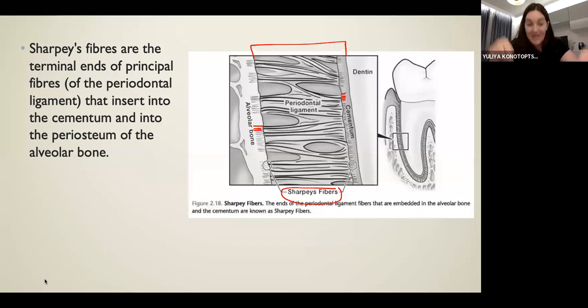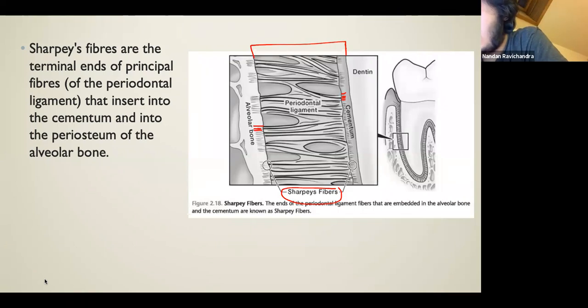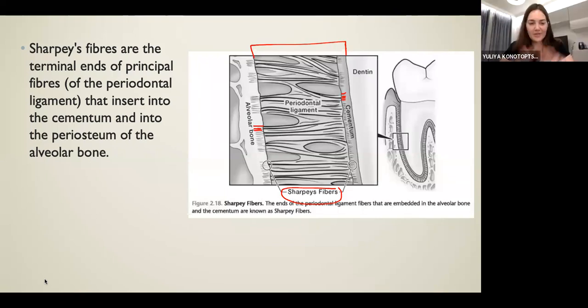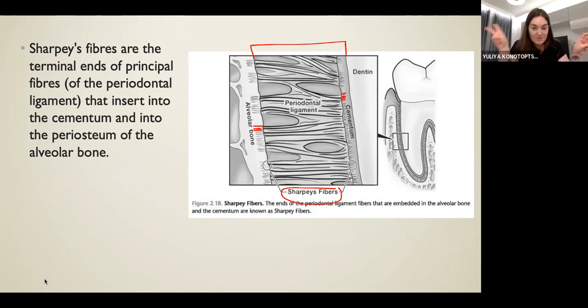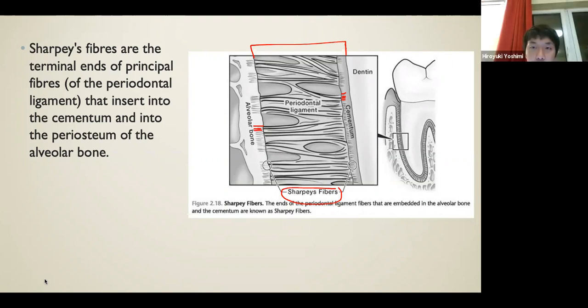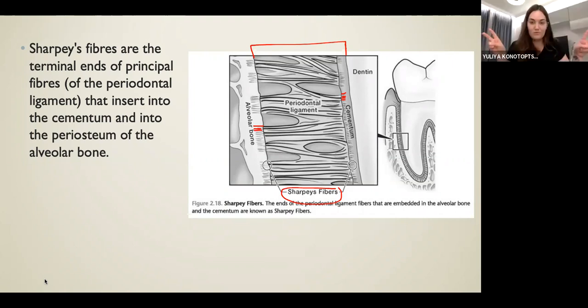Where are they located? In the periodontal ligament. No. Where are they located? Inside the alveolar bone and cementum. Perfect. Sharpey's fibers are in the cementum and in the alveolar bone. But to who do they belong? To the periodontal ligament, my fingers, so they belong to me.